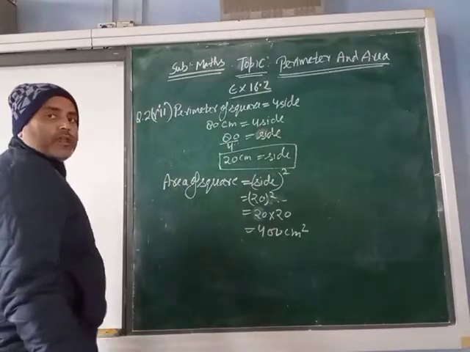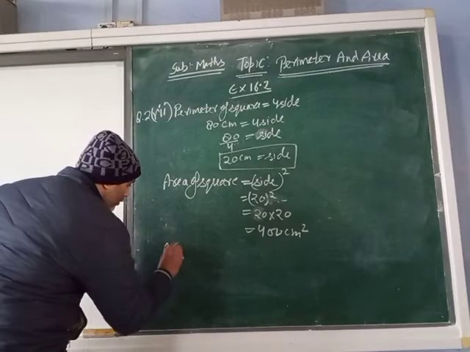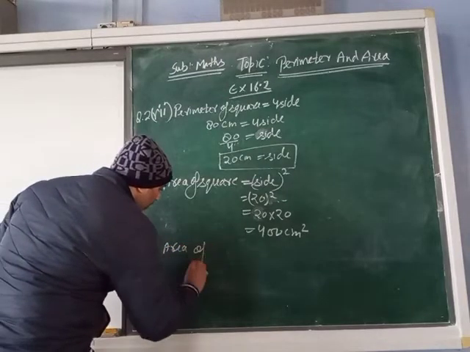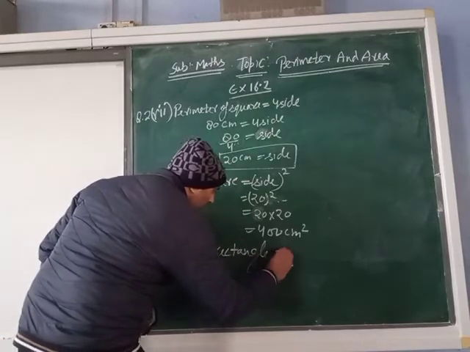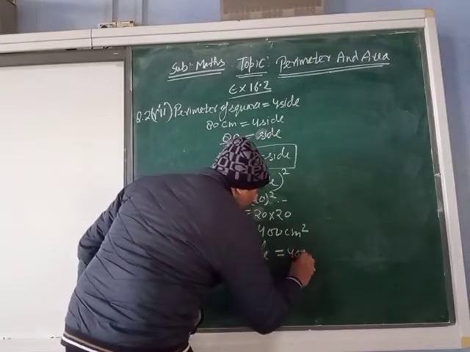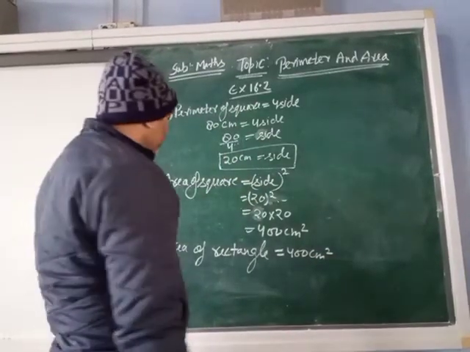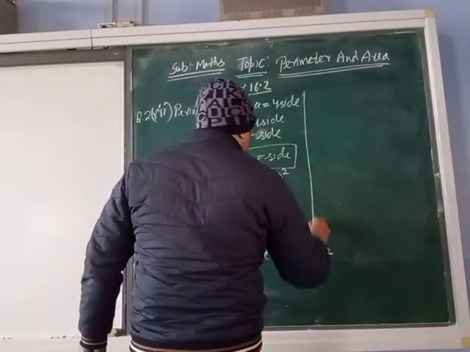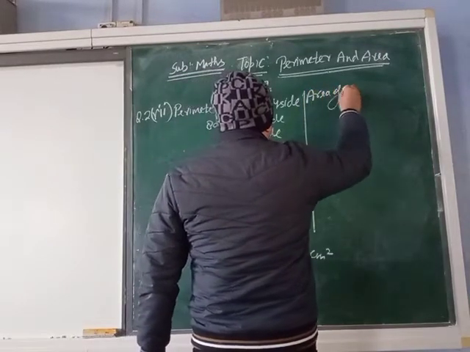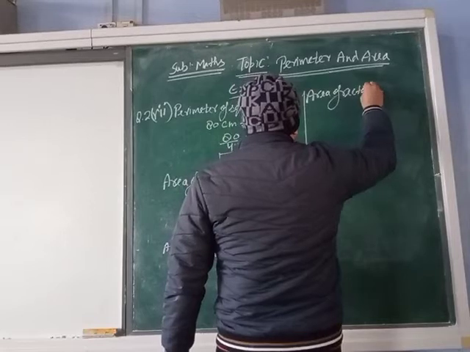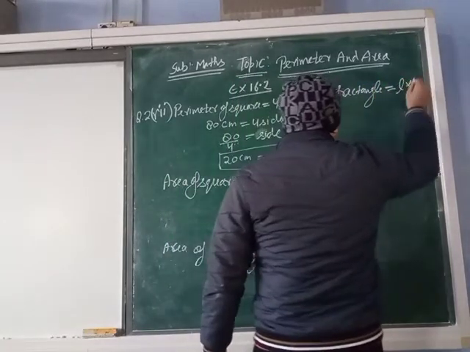The question says the area of the square and the area of the rectangle are the same. So the area of the rectangle is also 400 centimeter square. Why? Because the question says the areas of both figures are the same. Now the area of a rectangle is length into breadth.